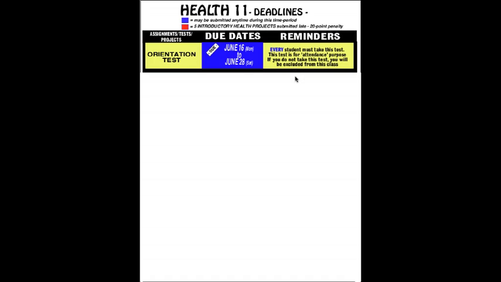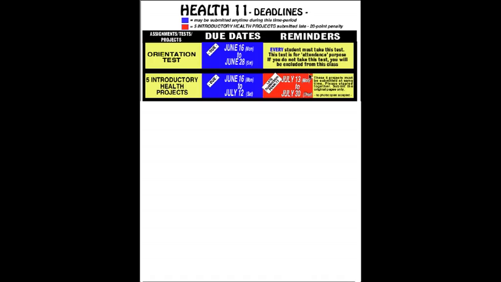The next one I want to show you is the 5 introductory health projects. You again see the due date, appropriate for your particular semester or session. It also reminds you in this red area that you may submit them after the original deadline, but if you do, there will be a 20-point penalty for submitting them late.